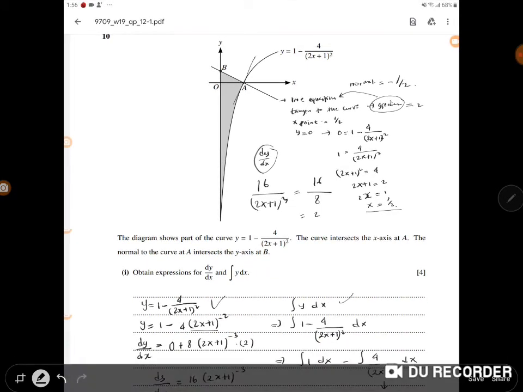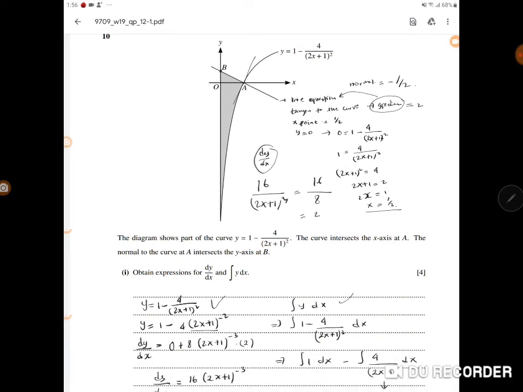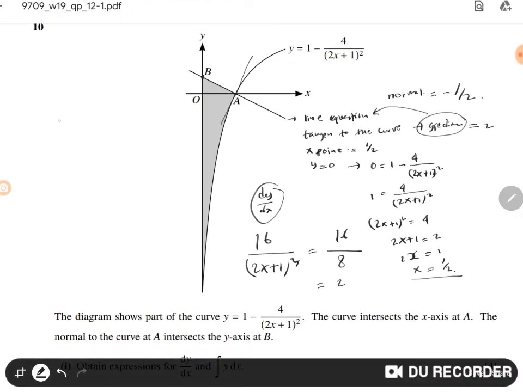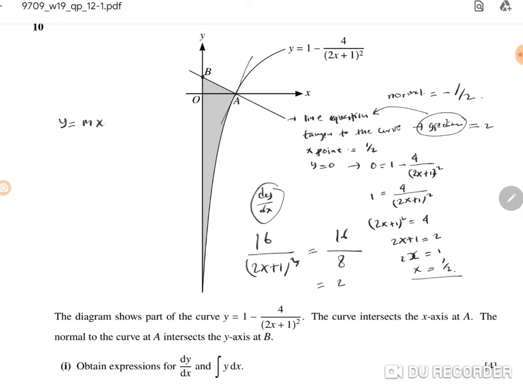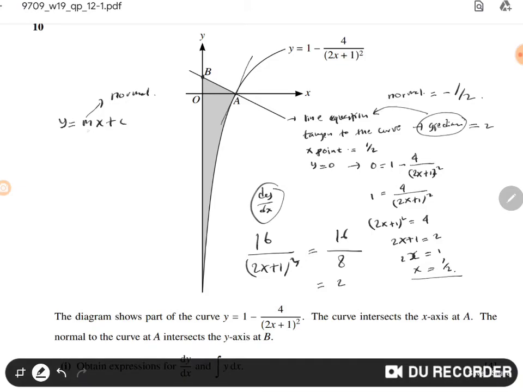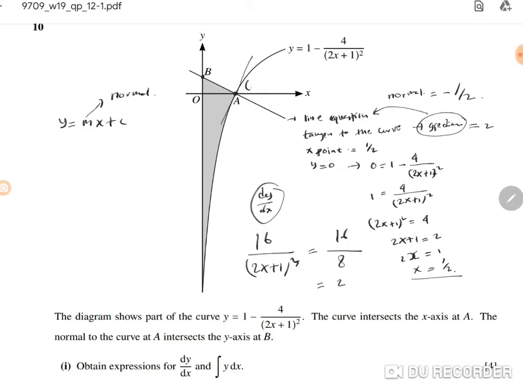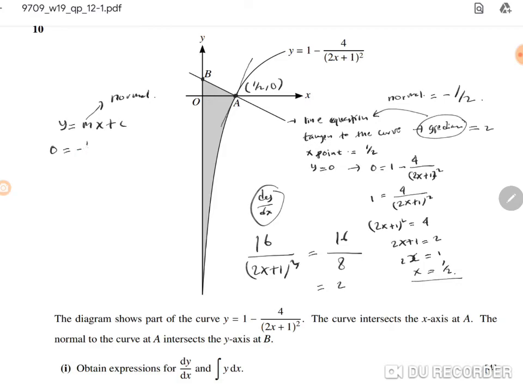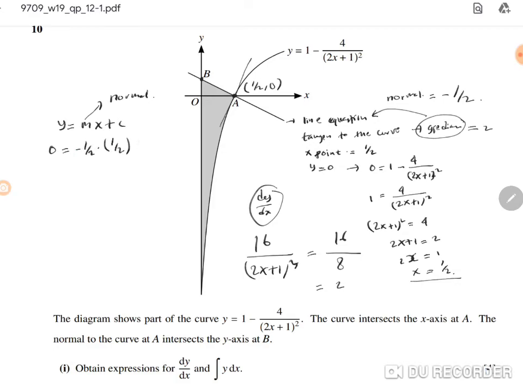Now the line equation: y equals mx plus c. Here you use the gradient of the normal for m. At point A, we already got x is 1 over 2 and y is 0. So you put it in: 0 equals the normal gradient, negative 1 over 2, multiplied by 1 over 2 for x, plus c.